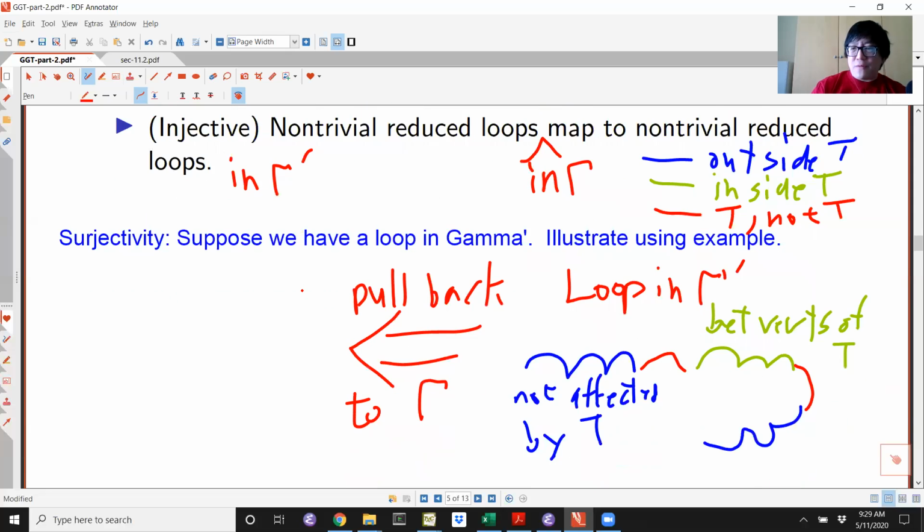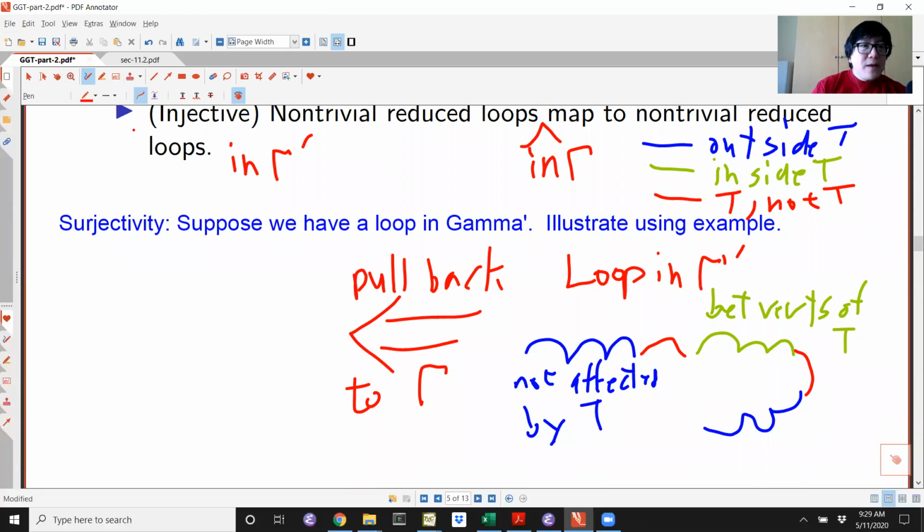So there's a uniquely defined pullback, and even better, all the blue stuff stays the same, because the blue stuff is not affected by T. These edges are still connected back in gamma. And because the first vertex on this red edge was not part of T, that's still the same as it was.